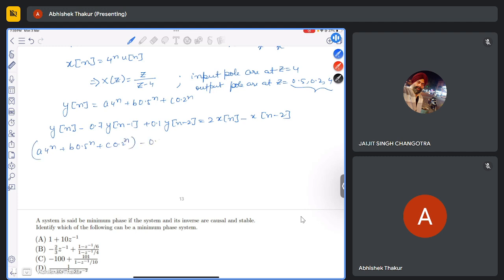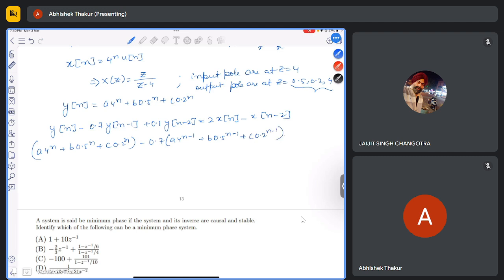Now minus 0.7 into y of n minus 1. So here we will get a 4 to the power of n minus 1 plus b 0.5 to the power of n minus 1 plus c 0.2 to the power of n minus 1.